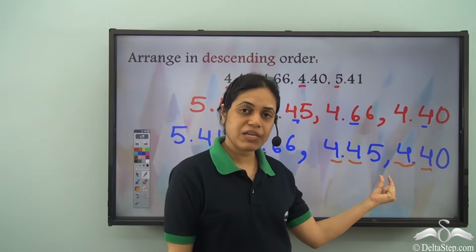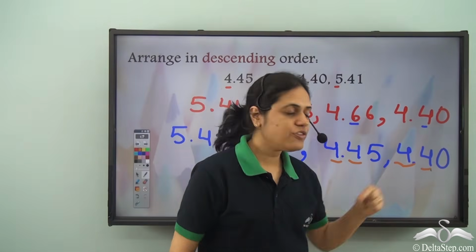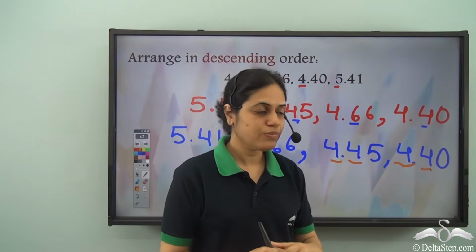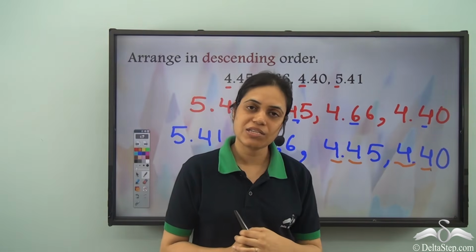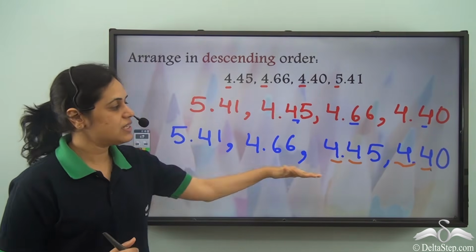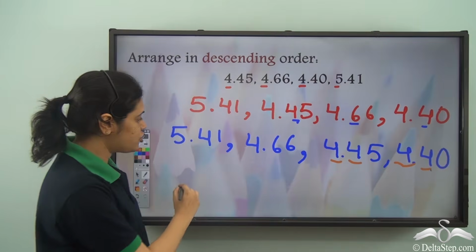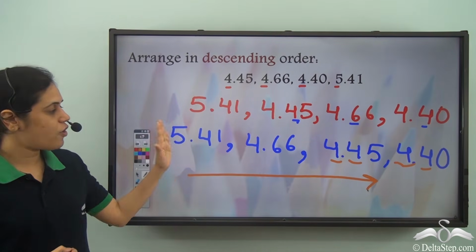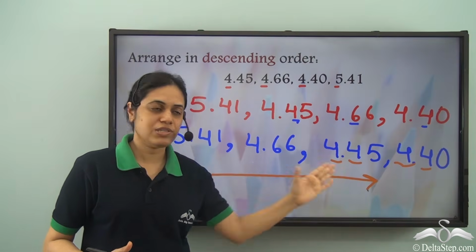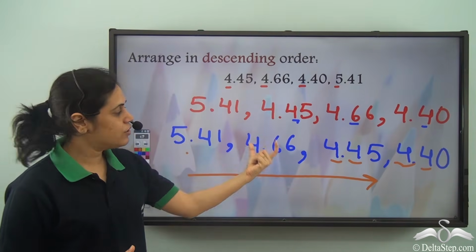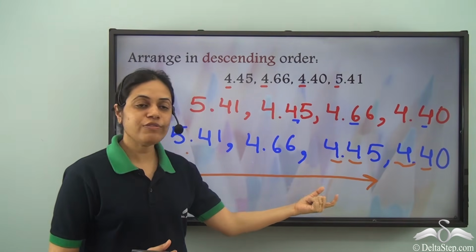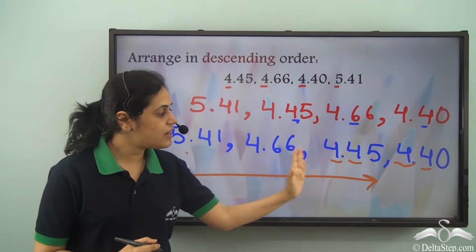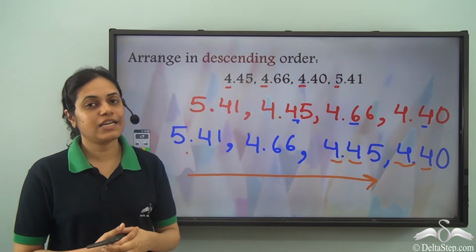Now in the hundredths place I have 5 here and in the hundredths place I have 0 here. 5 is greater than 0. So this number is greater than this number. So these are the numbers arranged in descending order, that is from the largest to the smallest: 5.41, 4.66, 4.45 and 4.40. So these are the numbers arranged in descending order.